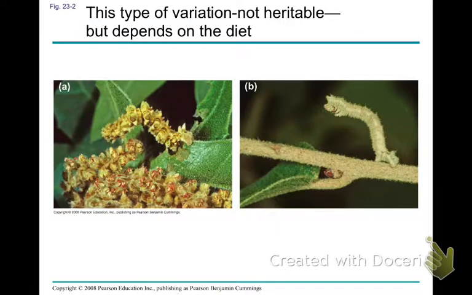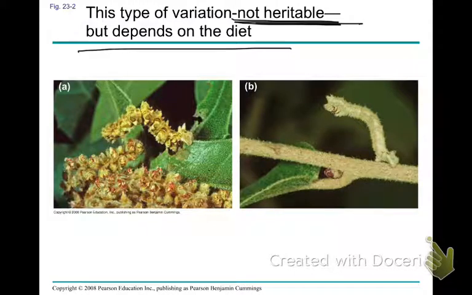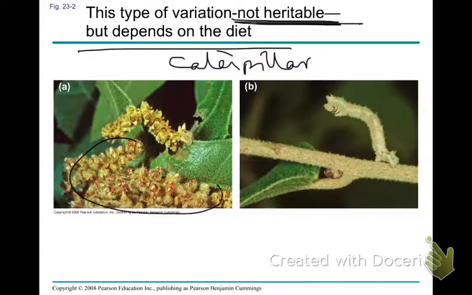Okay. Now, another point to remember is there are some variations that are not heritable, meaning you do not inherit these variations, these traits, but it depends on the diet. Believe it or not, this particular caterpillar looks like the flowers of the oak tree by having consumed the flowers of the oak tree.